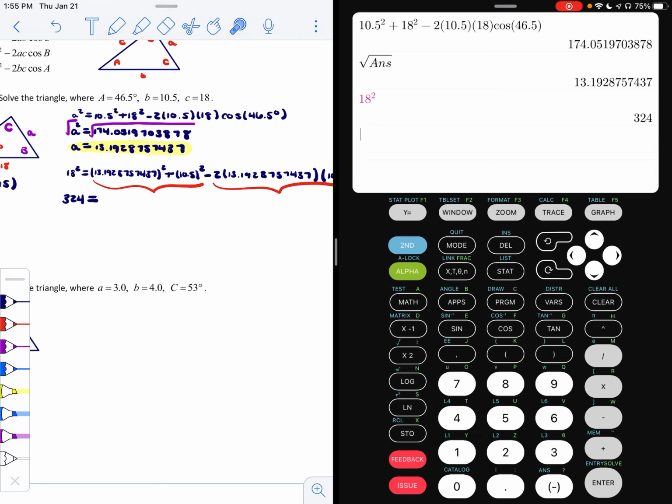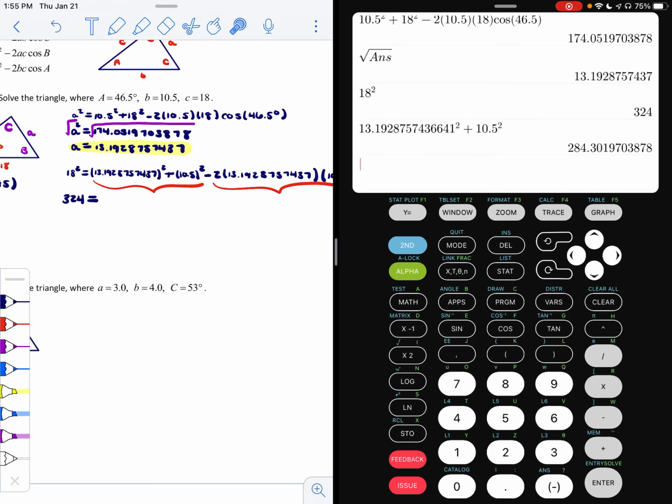So I'm just going to scroll up and get that. I've got my 13.19 squared plus 10.5 squared. That gives me 284.3019703878.